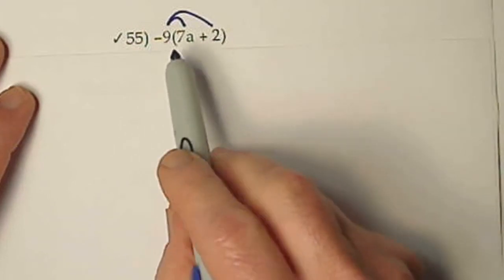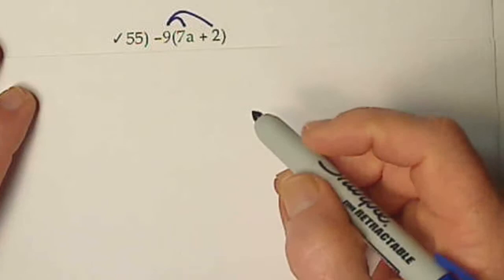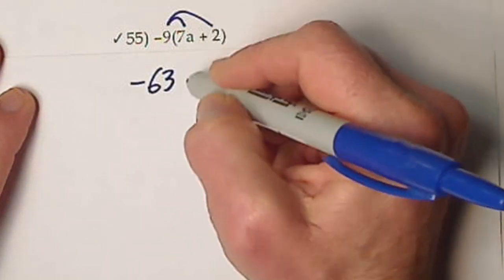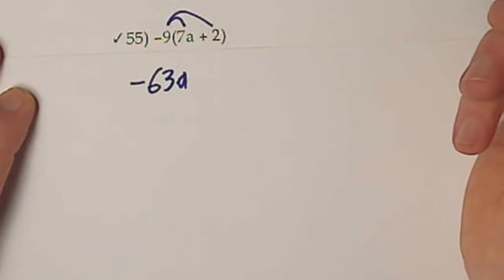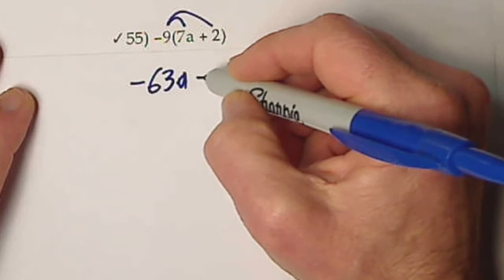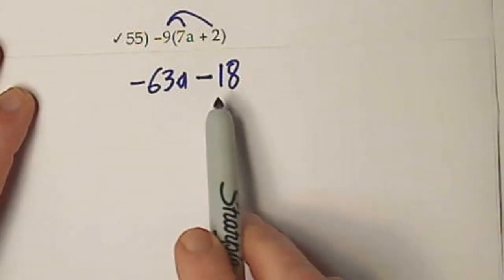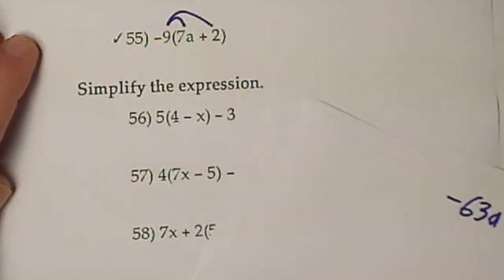Just get used to seeing that that's the sign of the number. Negative 9 times positive 7 is negative 63, and the variable just comes along. Negative 9 times a positive 2 is negative 18, and that's all you can do. You can't combine these two terms. So that would be it for 55.